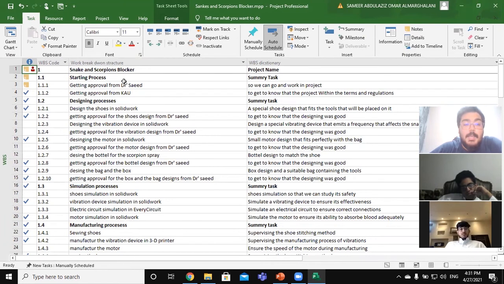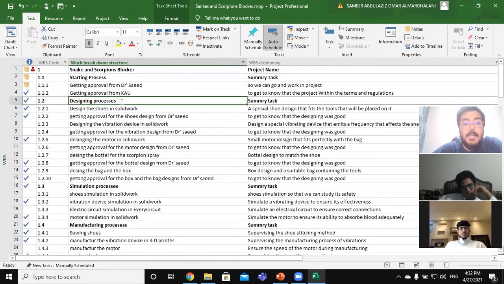For example, we have here the project name, okay? Then the starting process, which is the first part, and including the starting process, we have two activities, which are getting approved from Dr. Saeed and getting approved from King Abdulaziz University. And the second part in the snake and scorpion blocker project is the designing process.